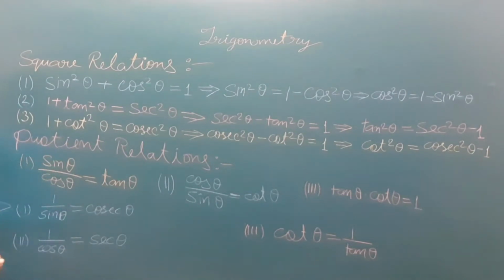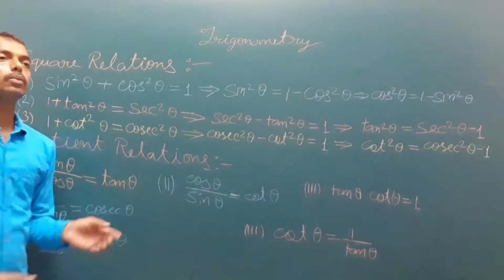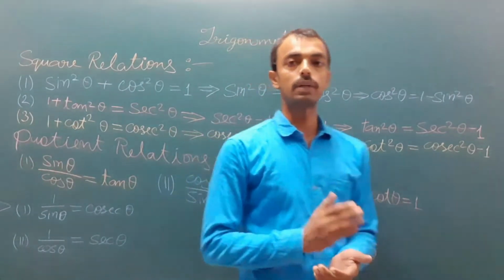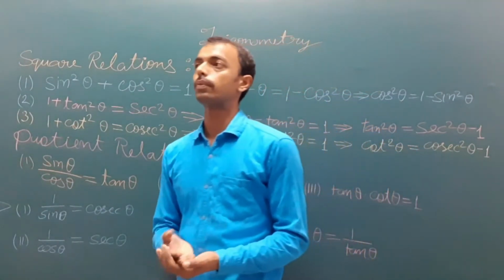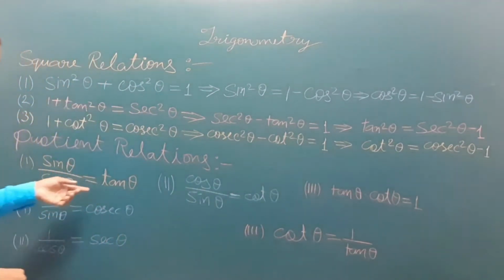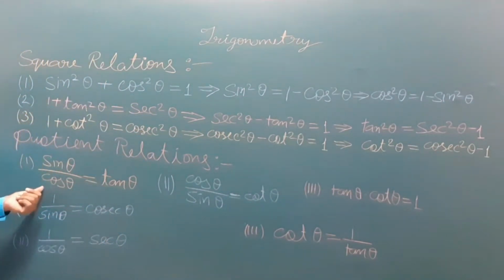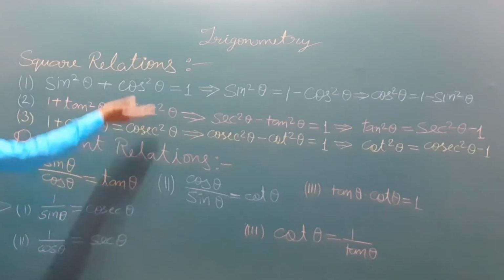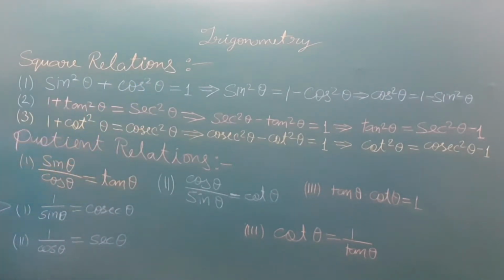Similarly, we will see quotient relations. Quotient relations means relations between two ratios. When I was telling you to draw the table of values of various angles, I also told you that tan theta is equal to sin upon cos. Here theta is an acute angle, remember that.